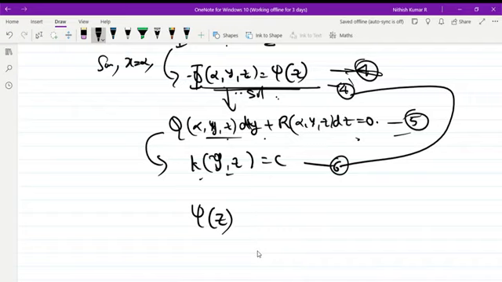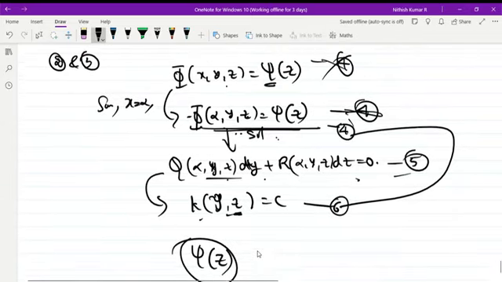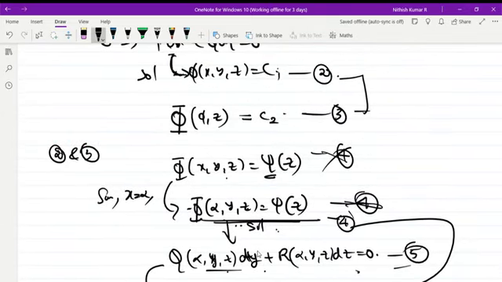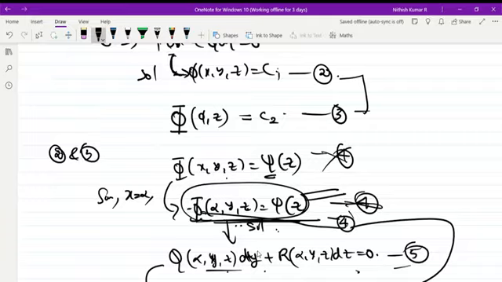If you eliminate y between these two equations, we get an equation in terms of z, that is nothing but xi of z. Now substituting this xi of z in equation number 4, we get the required solution.